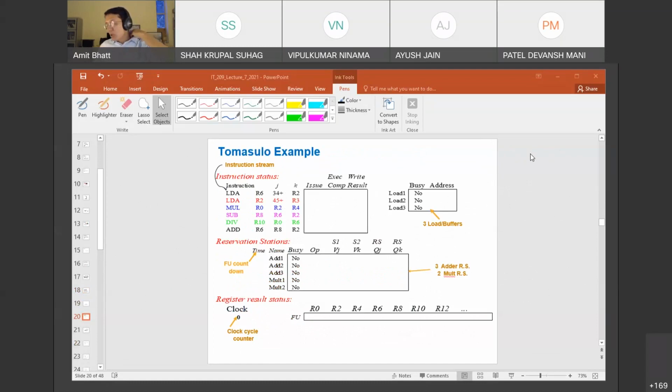Okay. So the functional units which are shown over here are just for the sake of example. You may not have a separate add instruction and a separate multiply instruction. I would call this 3 ALU units, and usually you may not want to keep multiply unit separate.